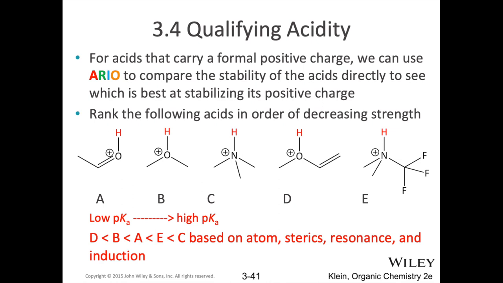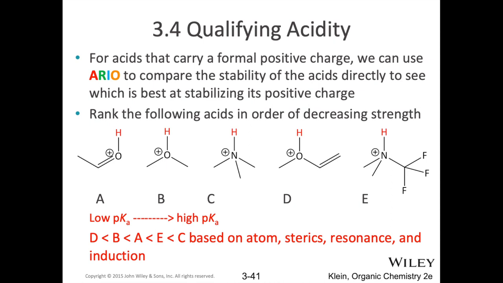If we break this down, we can see that three of our compounds have the proton present on an oxygen, and two of them have the proton on a nitrogen. Using the A in ARIO, you'll remember that oxygen, being more electronegative than nitrogen, ought to be worse at maintaining a positive formal charge.